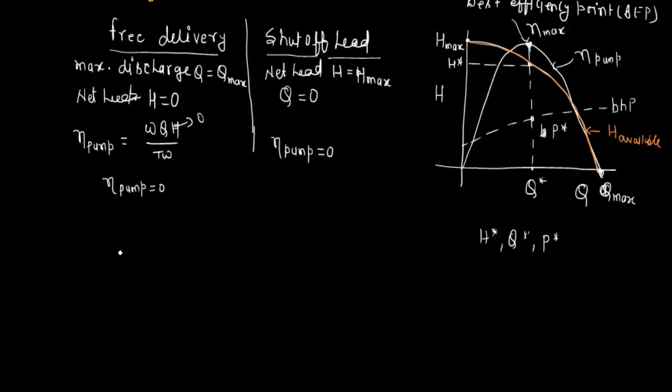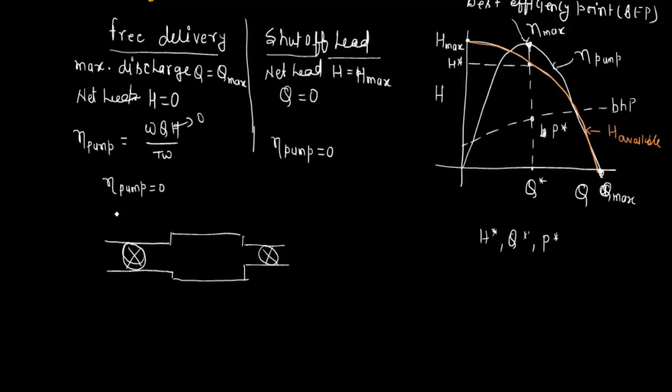So let's first understand what the head required is. Suppose there is some piping system with pipes of different diameters and different lengths, and let's suppose I'm defining a valve here. So this is our piping system.